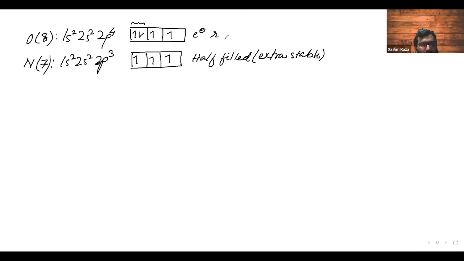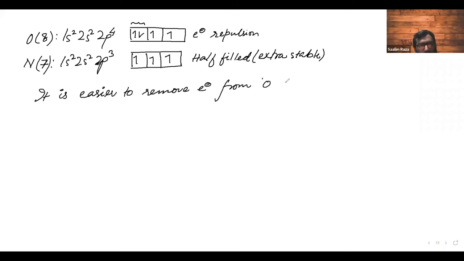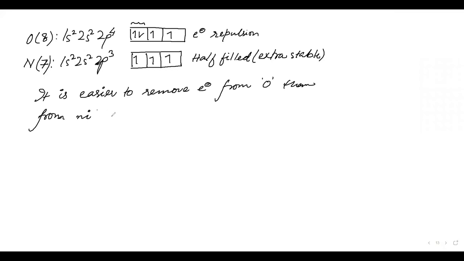Two electrons in a single orbital, electronic repulsion. Hence, it is easier to remove an electron from oxygen than from nitrogen.